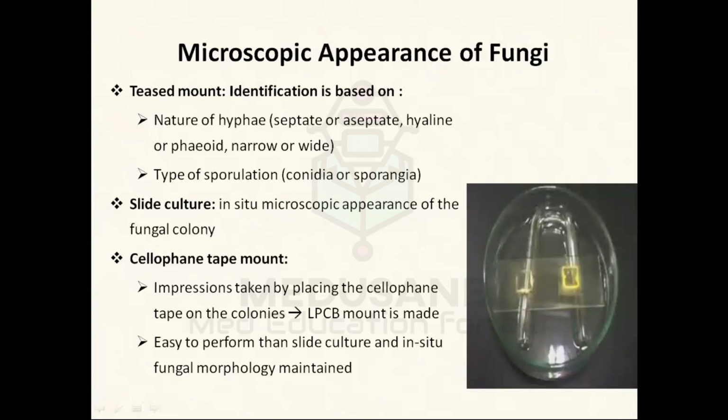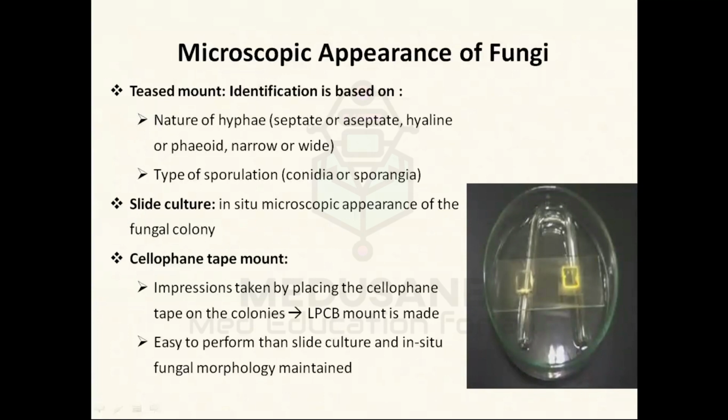Coming to the next, the microscopic appearance of the fungi. How are we going to find out the microscopic appearance of the fungi? In bacteriology, from the culture plate you take a loop of the colony, stain it with Gram stain and look for the microscopic appearance. Here also we want to take the colony from the culture. But how do we take the fungal material from the culture media? We can't touch it with a loop or straight wire.